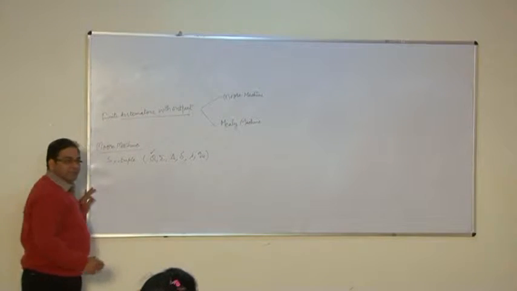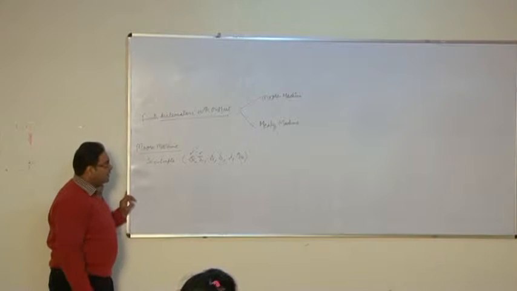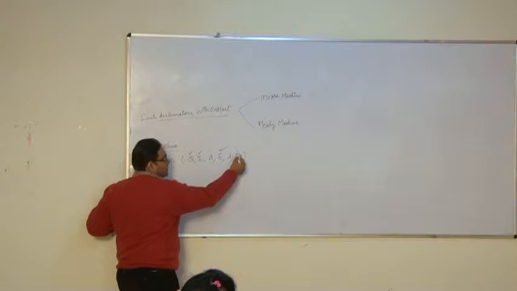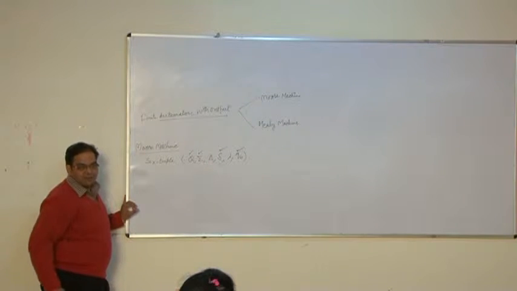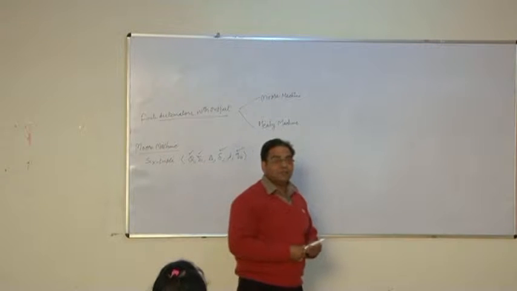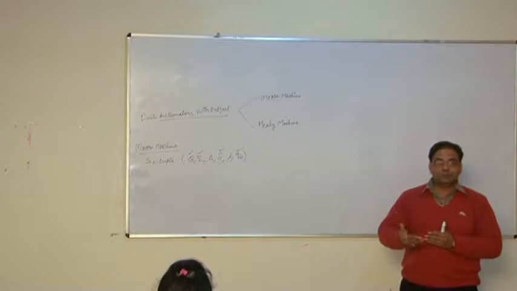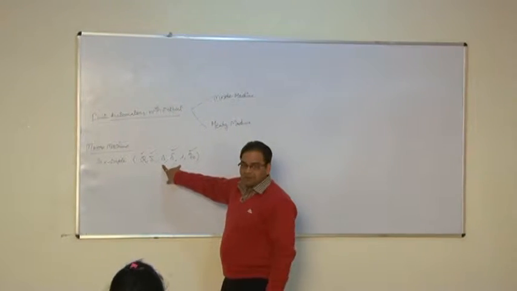Capital Q is same as the finite automata, sigma is same, this delta is the transition function, same, this Q naught is same. Right. So what is missing over here? F is not there. Why? Because we are not concerned about the acceptance or rejection of the input string. But here we are finding the output. Right. So two components have been added over here.